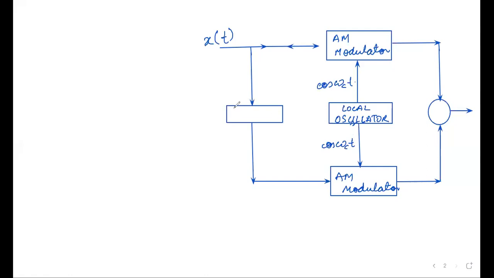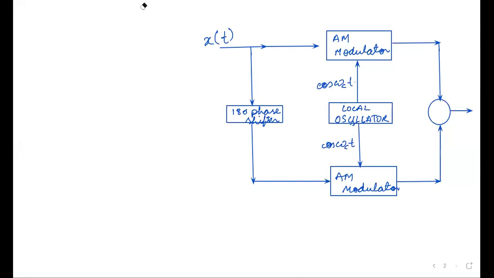And here there is a 180-degree phase shifter. From this picture, you can get the signal whatever we have. I think this arrow should not be here.